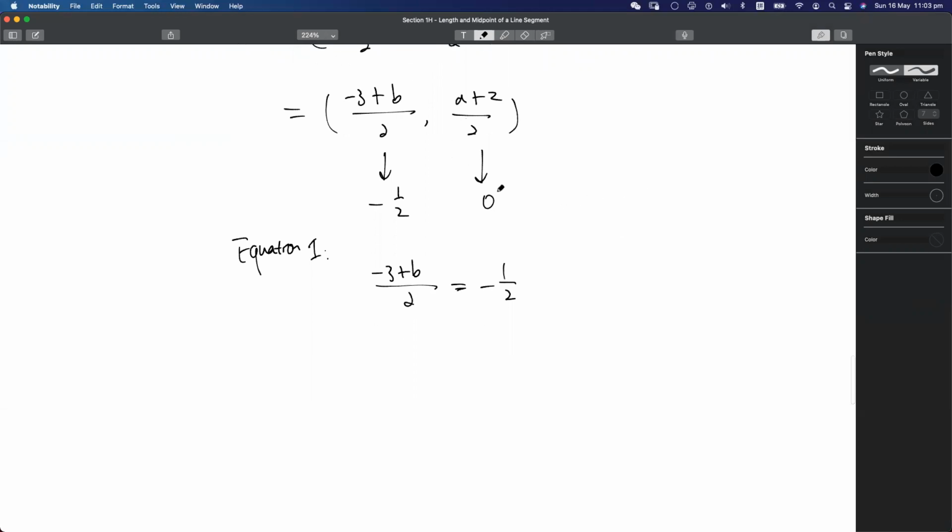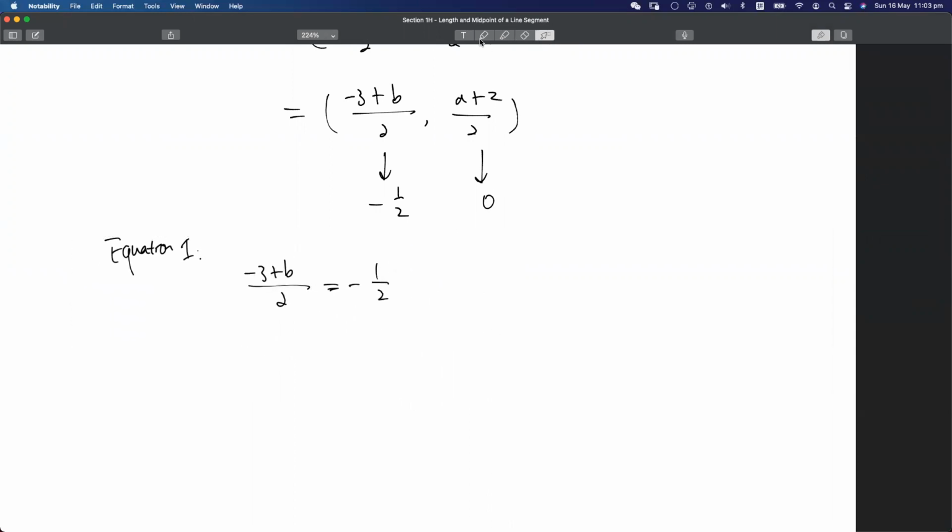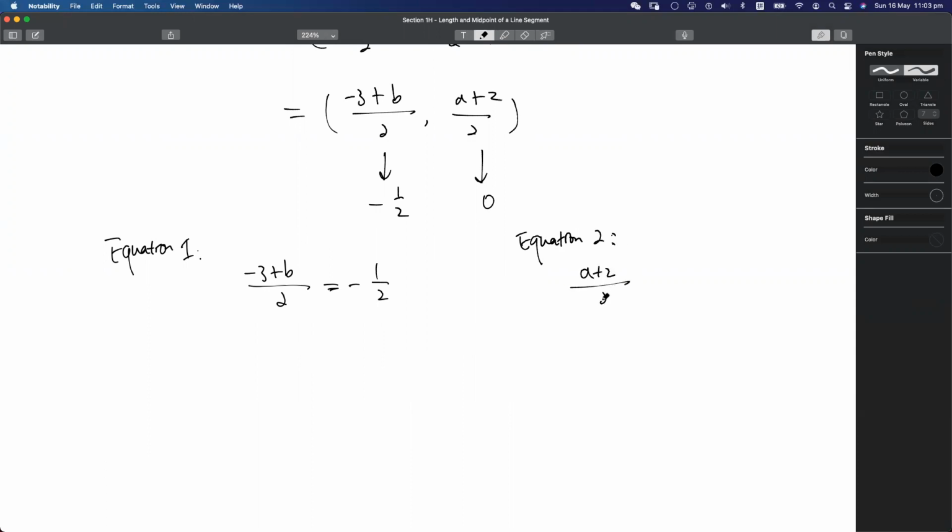And equation 2 would be (a plus 2) over 2 is equal to 0.